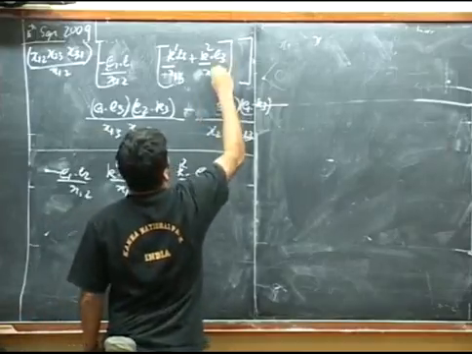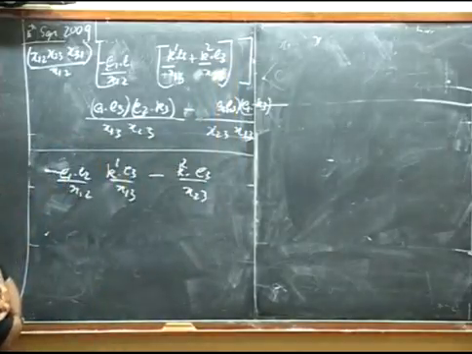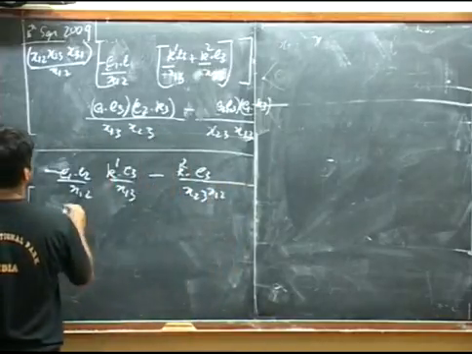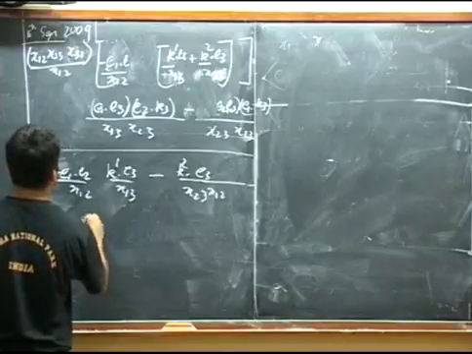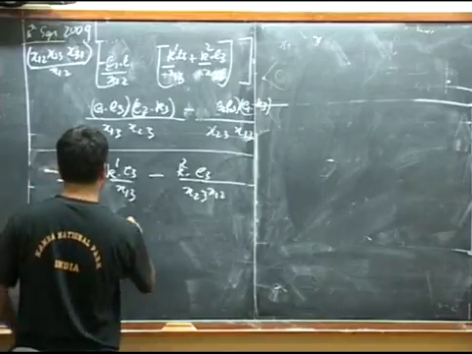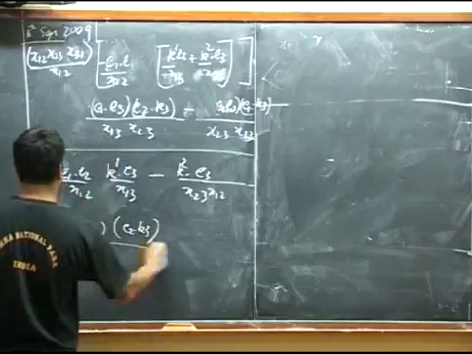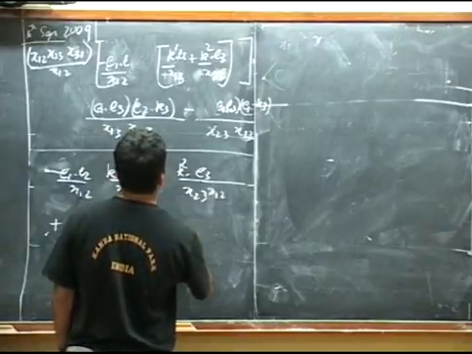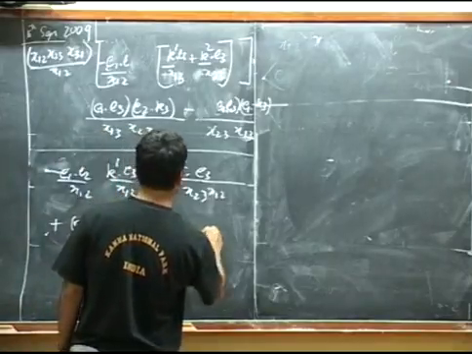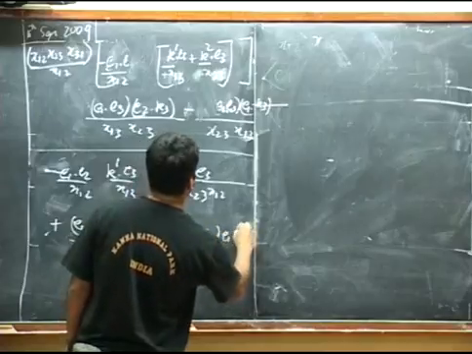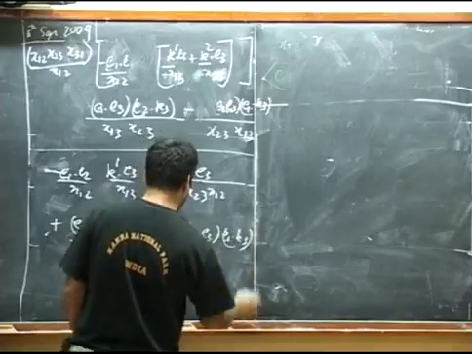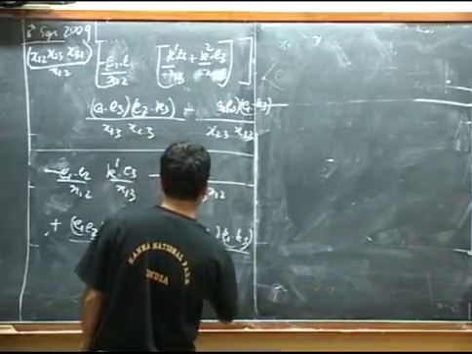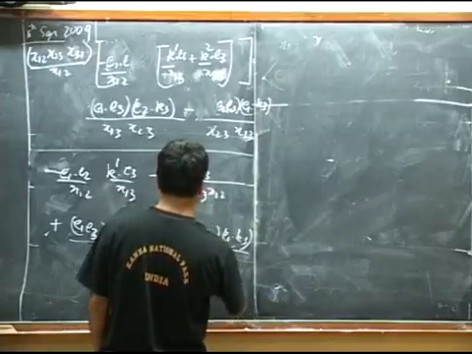Right. x12, and then plus E1 dot E2 into E2 dot E3 into x13, x23, minus E2 dot E3 into E1 dot K3 into x23, x12.